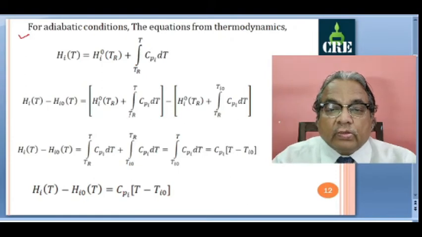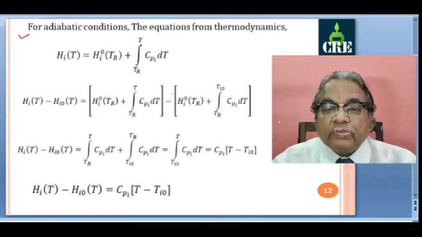Now what will we do? This Hi at reference temperature, same value with minus sign and with plus sign, will cancel out. Cpi dt Tr to T with plus sign, as I have written.